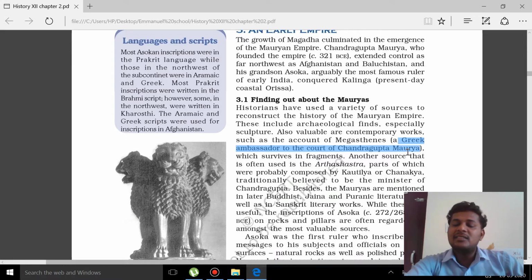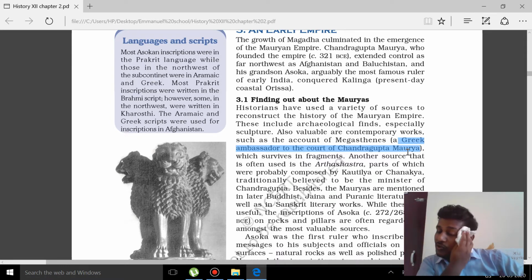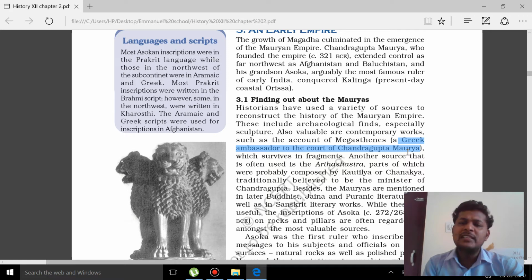Ambassadors are those people who come to a king's court to study or learn about the administration of that area, so that they can help in the administration of their own kings. So Megasthenes came from Greece, and he left a lot of writings on the administration of the Mauryans, especially Chandragupta Maurya, and that helps us understand this.